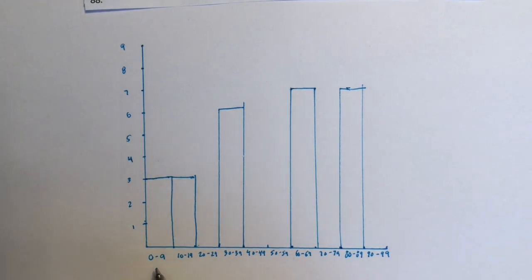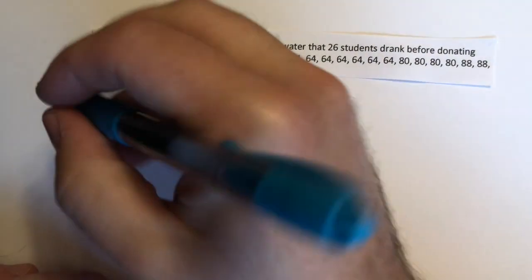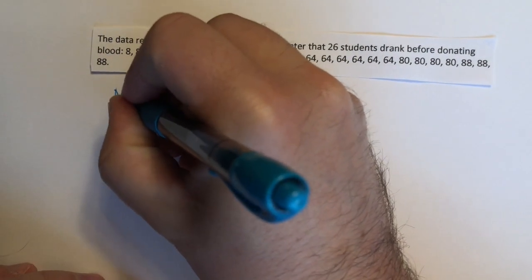Make sure you understand that I've made these ranges even. Make sure they're always even, and I've never had any overlapping numbers. All right, the last representation we're going to talk about is what's called a box plot. In order to make a box plot, we need 5 different things.